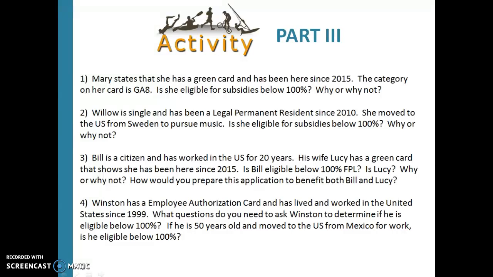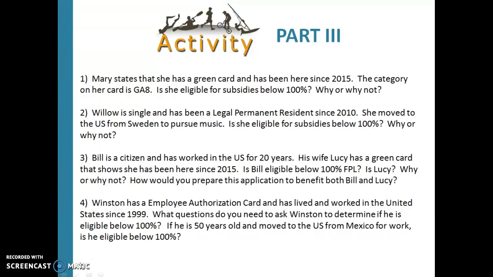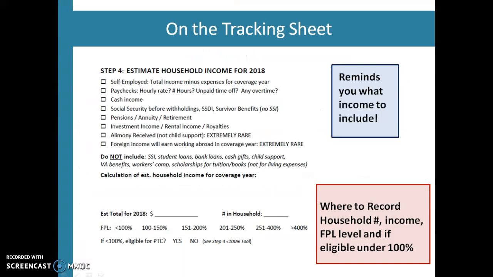If he does not, he's going to be eligible below 100%. And the trick here is that once you're accustomed to using the green card document or the logic of the green card document, you may be tempted to apply its logic to other statuses, but you cannot do that. You need to use the appropriate tool, which in this case is different than the green card tool. And you can find all of those on the resource page.